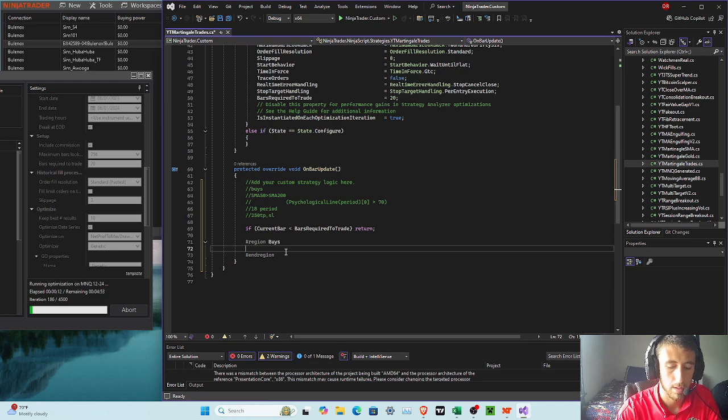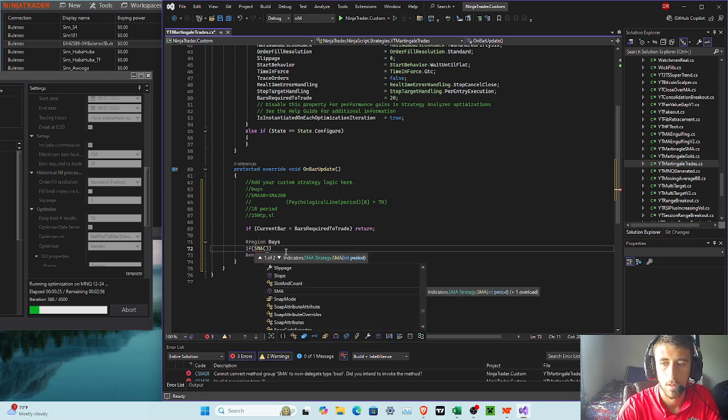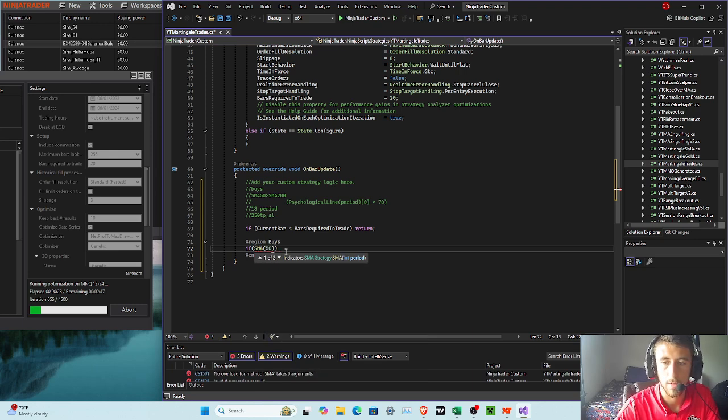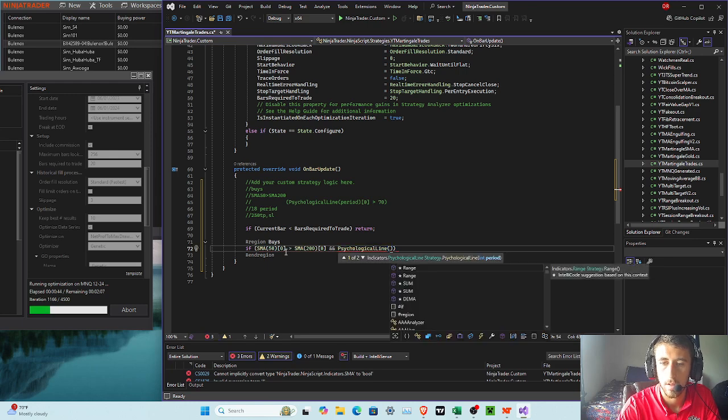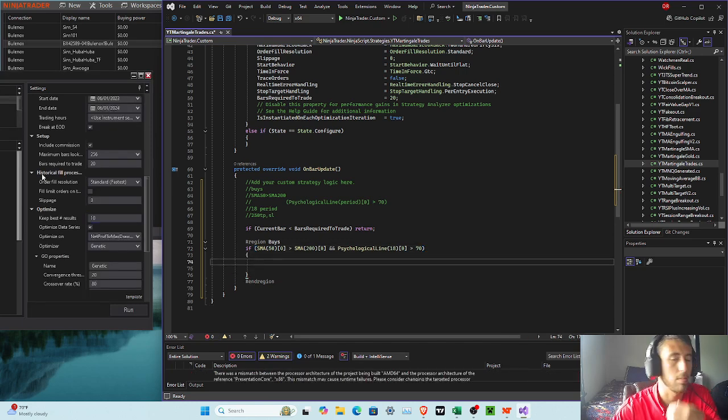All right. So our signal is, if SMA period is 50 is greater than SMA 200 and psychological line, the period is 18, greater than 70, then we are ready to enter our position.